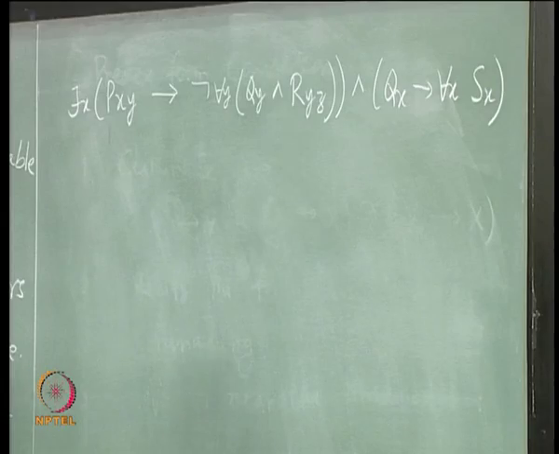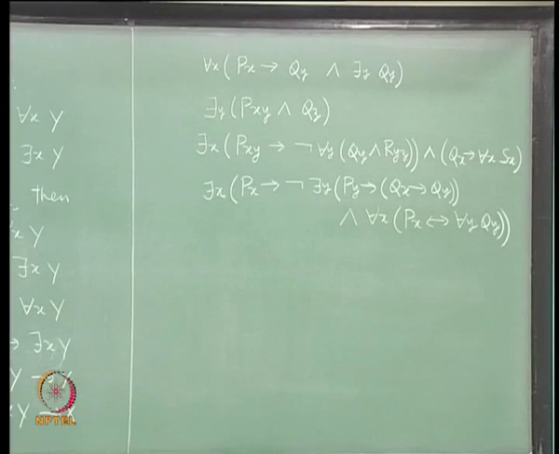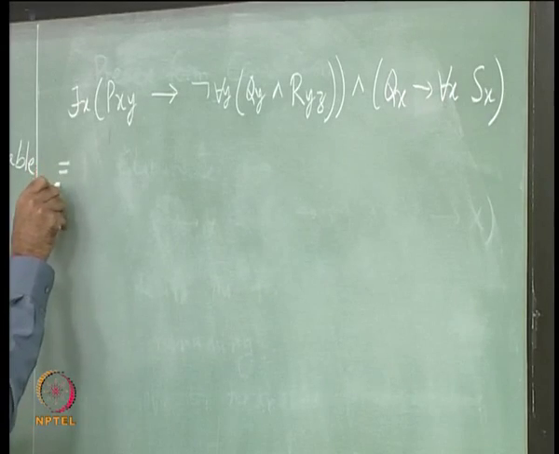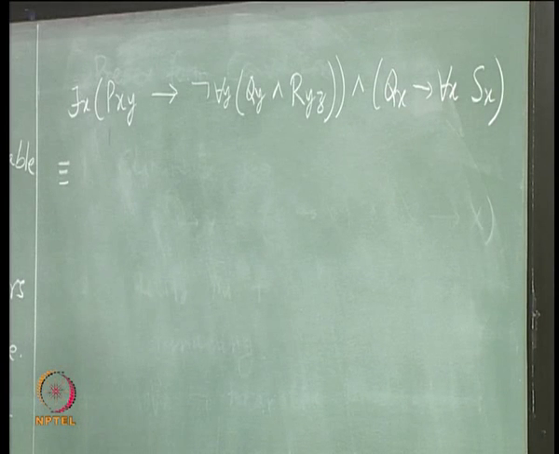So, we just start with this formula. Now, what our procedure says is, if there is any biconditional, first eliminate it. There is no biconditional, so we pass that step. Next, what we have to do?